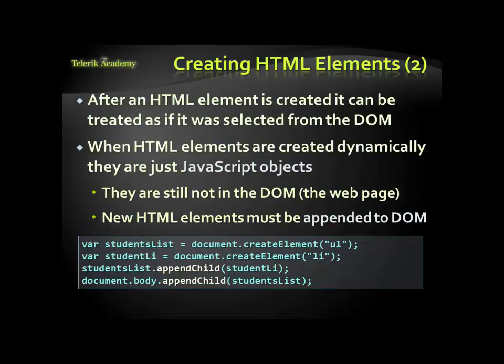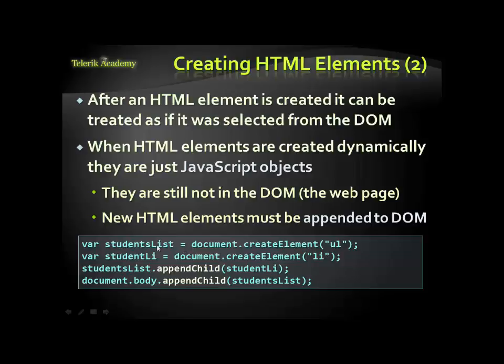And creating the element is not enough. It just creates an instance of it, but this element is not yet on the page, so we'll need to append it somehow. There are a few methods that actually append elements to the page or to the document or to the other elements, wherever you need to place it. So we can see here that we're creating a list item.